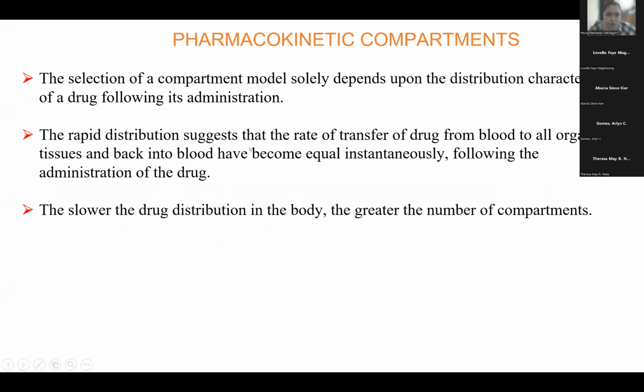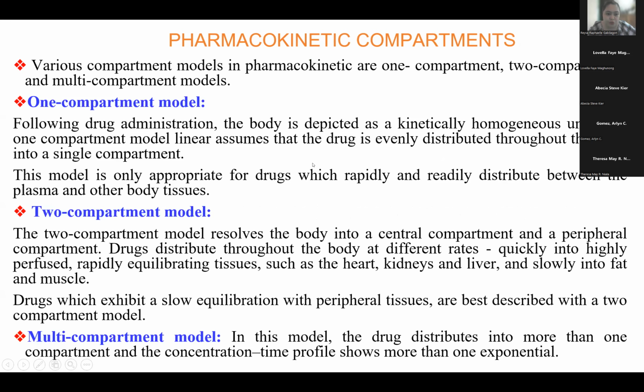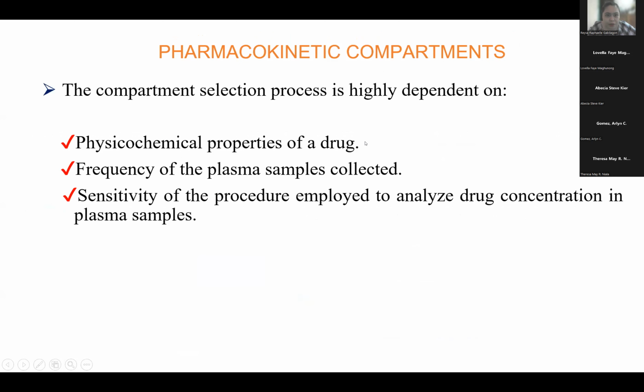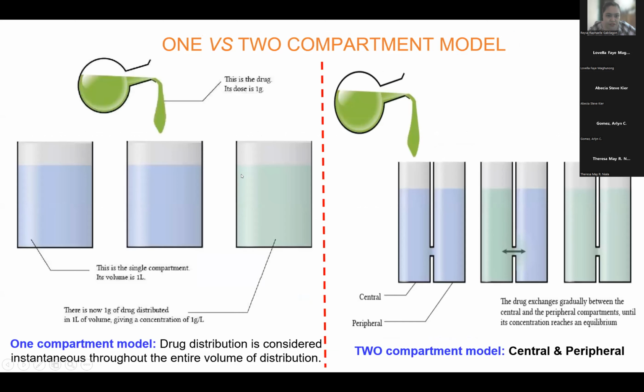Now, we have two types of compartments, the one compartment and the two compartment. Actually, we also have multi-compartment, no? But our reporter a while ago discussed first the one compartment. For example, we have this drug, 1 gram of the drug.